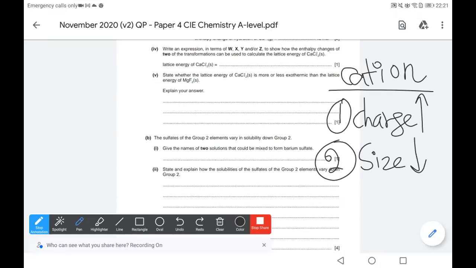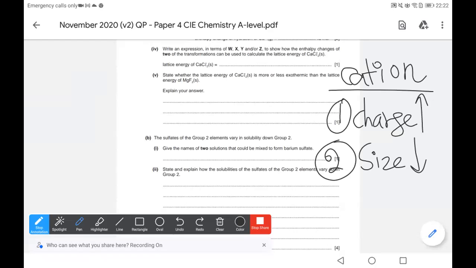Both calcium and magnesium have 2 plus charge, the same. Magnesium 2 plus is smaller than calcium 2 plus, so it has higher charge density. When the charge density becomes high, lattice energy is also more. All lattice energies are exothermic because gaseous ions form a solid compound, which is more stable, so the bonds are more stable.